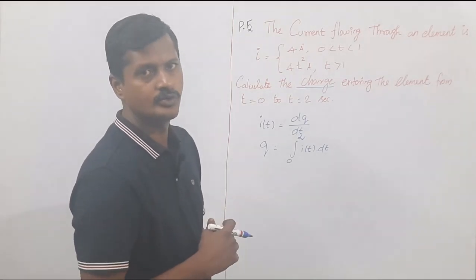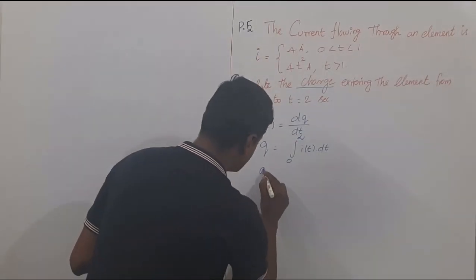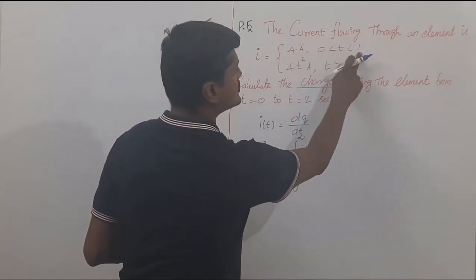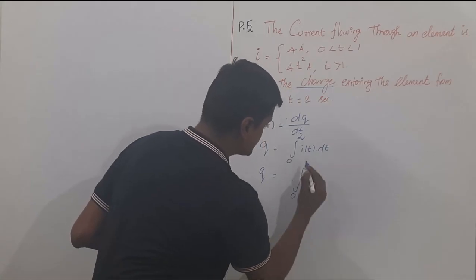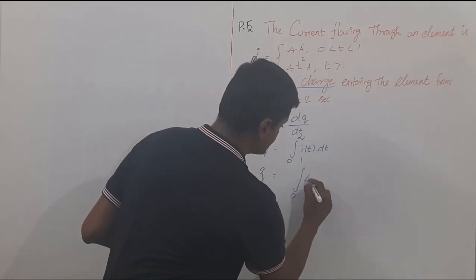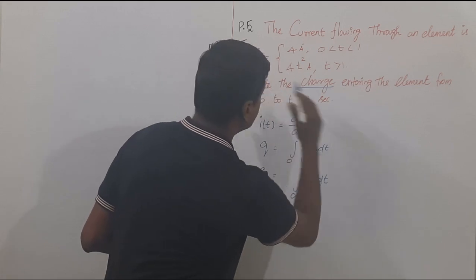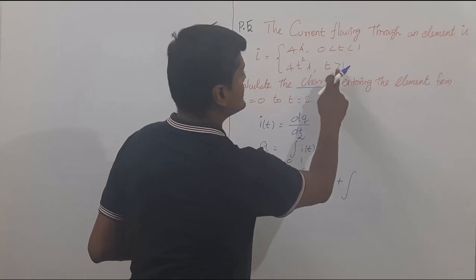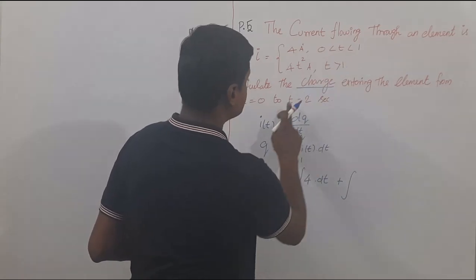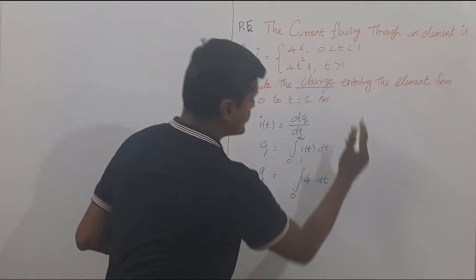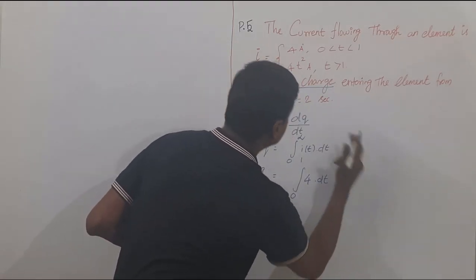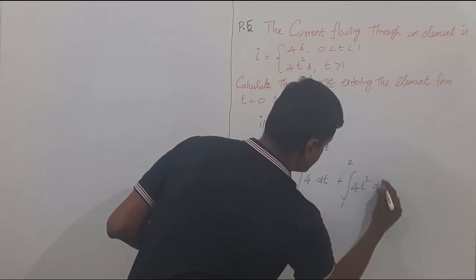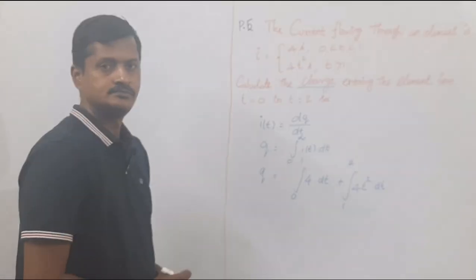So q is equal to the integral of 4 from 0 to 1, that is 4 dt, plus the integral for t greater than 1, where the maximum value of t is 2, so from 1 to 2, of 4t² dt.